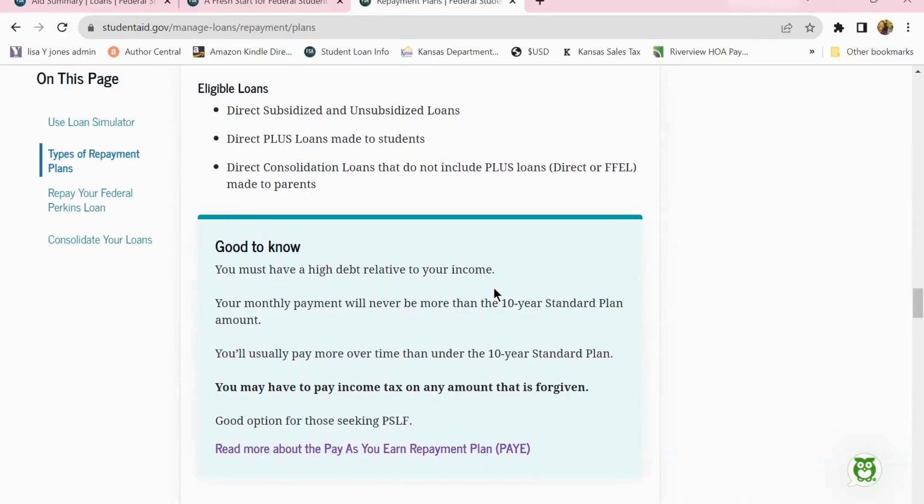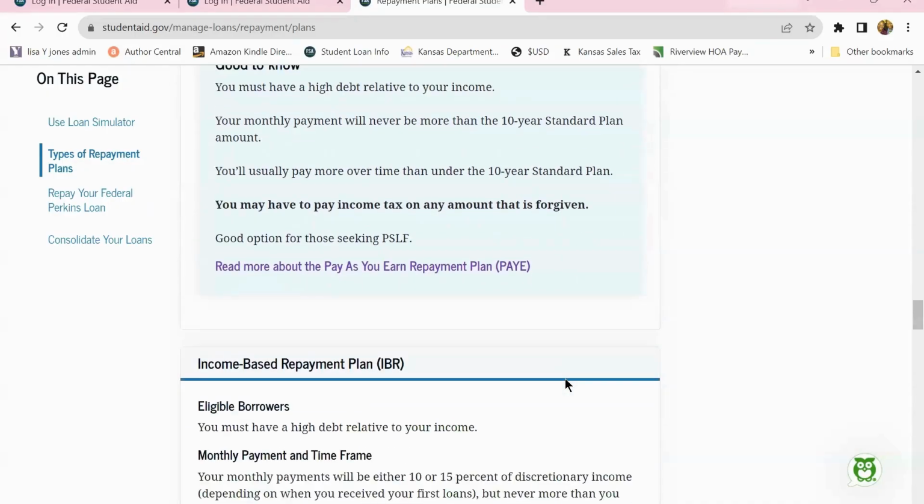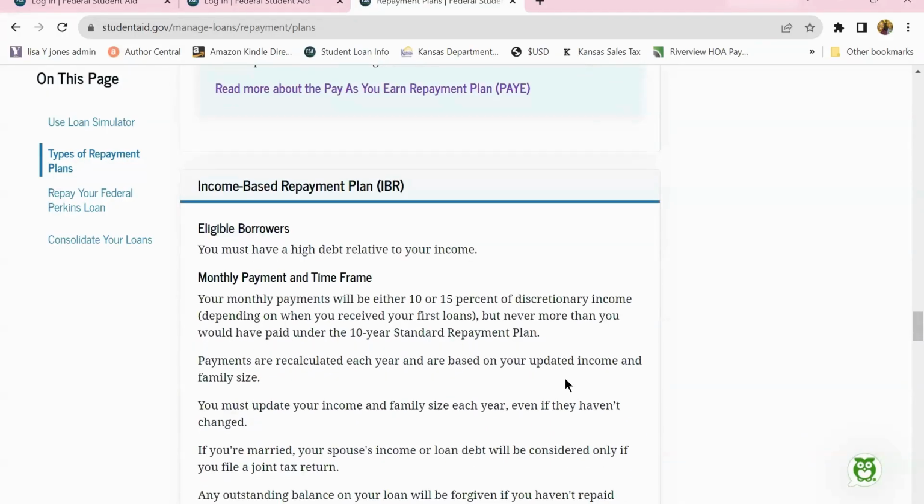I can't see how it's very different than SAVE, in all honesty. Because all the things that are good to know are the things that are good to know on SAVE. Your income-based repayment plan is also better if you have high debt. And so again, it's either 10 or 15%.